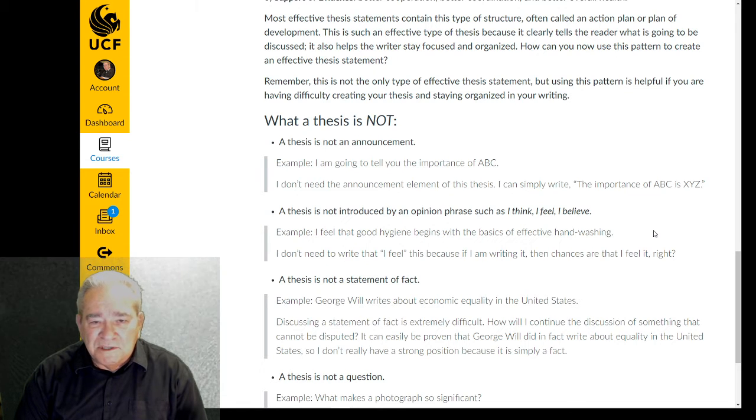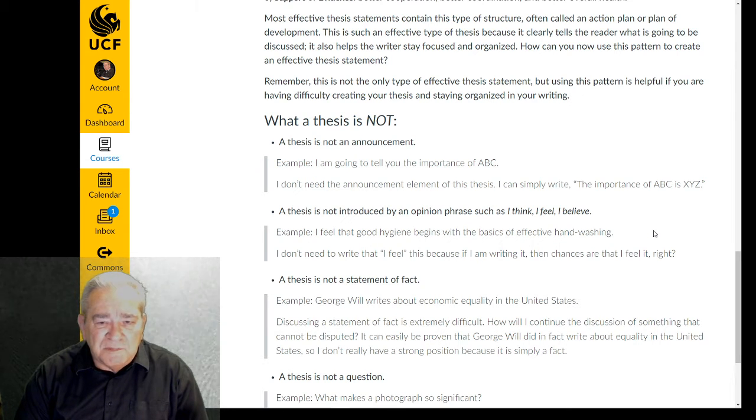Those are announcements. An example here, I'm going to tell you the importance of ABC. Well, that announces what you're going to write about, but that doesn't tell me what you're going to write about. How's it important? Again, that's not a clear thesis. That's an announcement.